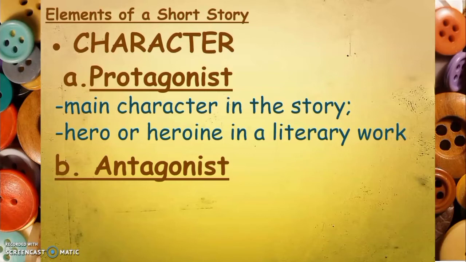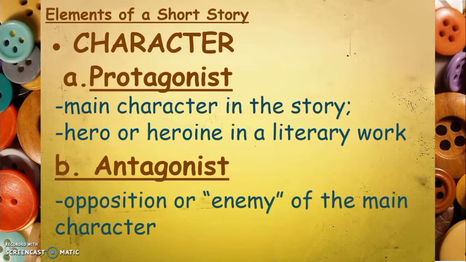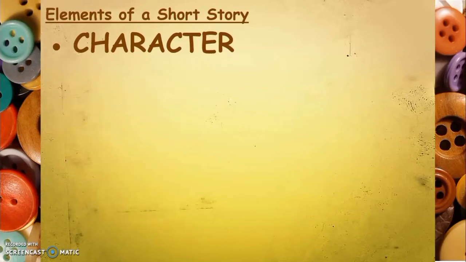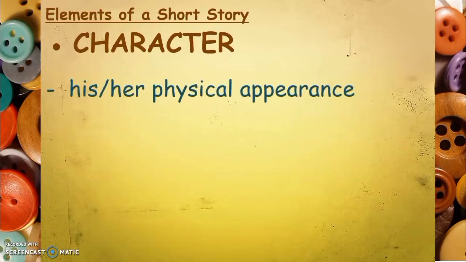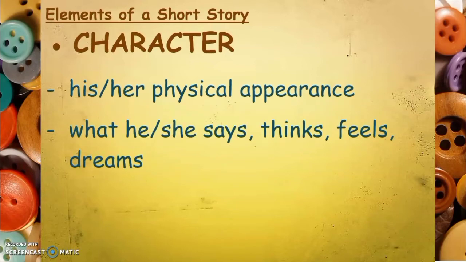This is the opposition, or we typically call them the enemy of the main character. You can also reveal the characteristics of a character by checking his or her physical appearance, what she or he says, how she feels or thinks, dreams, or maybe his or her actions.